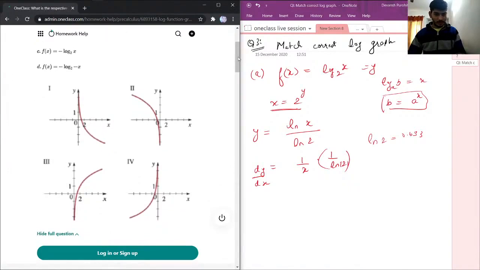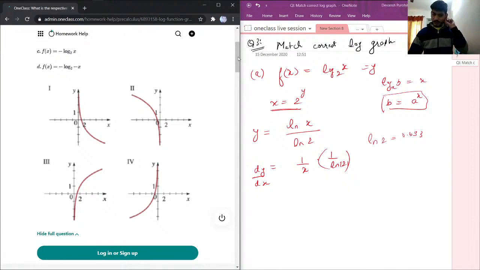So in this case, this one is a positive slope and this one is a positive slope. This one is negative and this one is also a negative slope. So we have the choice between option 3 and option 4.